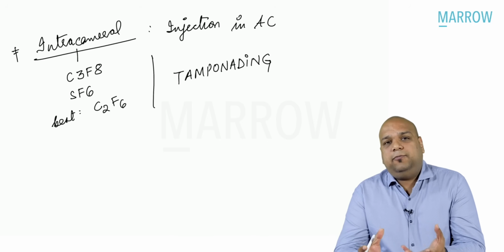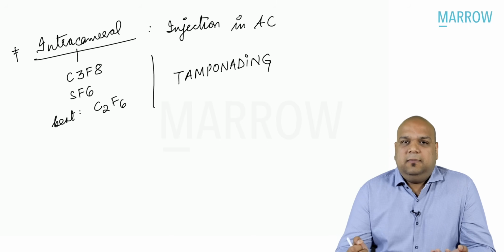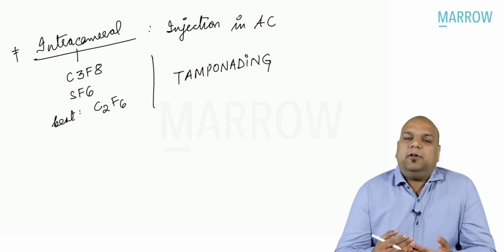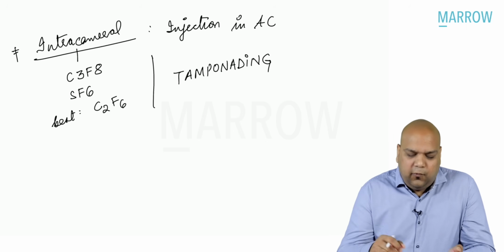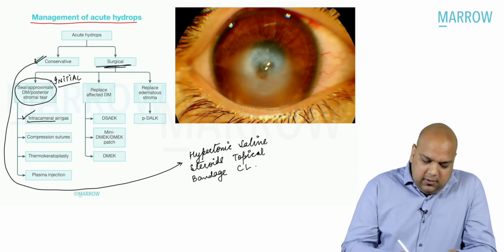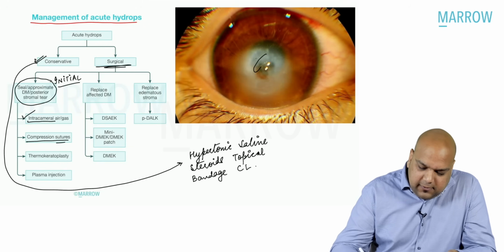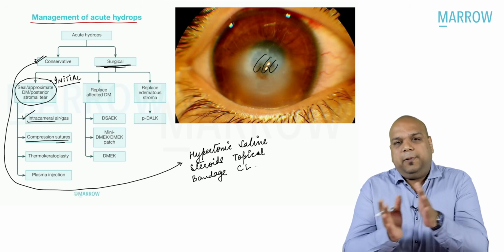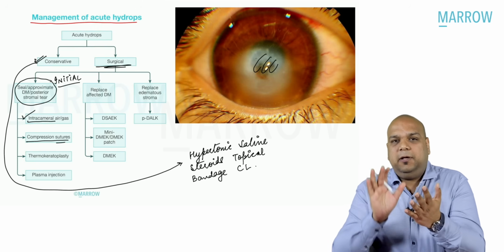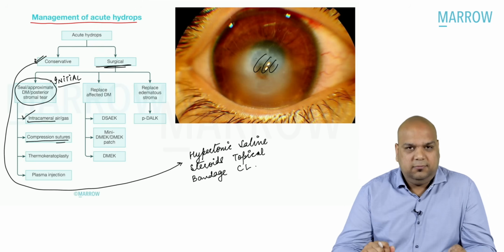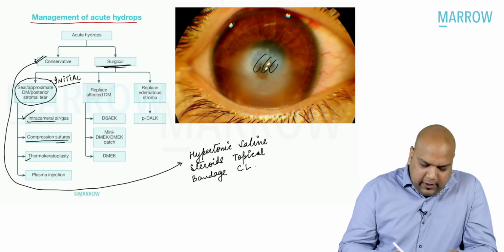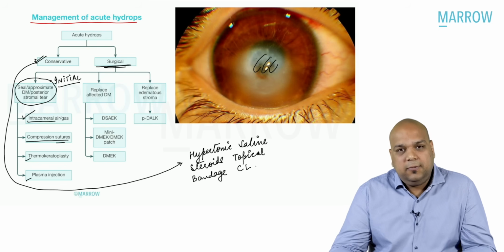Then we wait for a few minutes, we remove the gas. If needed, we again inject for a second time. Or what can be done? Compression sutures. We will put some sutures here to compress the fluid that is coming. We are compressing it, pumping it back out. Or what we can do, thermokeratoplasty or plasma injection, right?